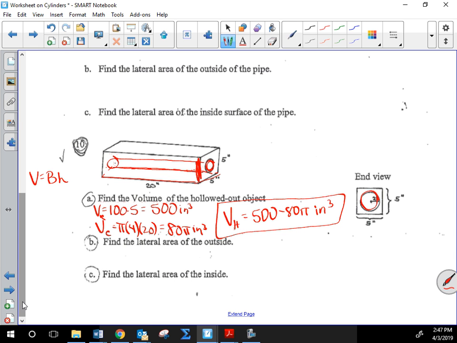Okay, find the lateral area of the outside. All right, so lateral area, again, we are going to include our bases here. So our lateral area, we're just doing this plus this all the way around. So lateral area is perimeter times height. Using this as our base, we need the perimeter for that. What's our perimeter?